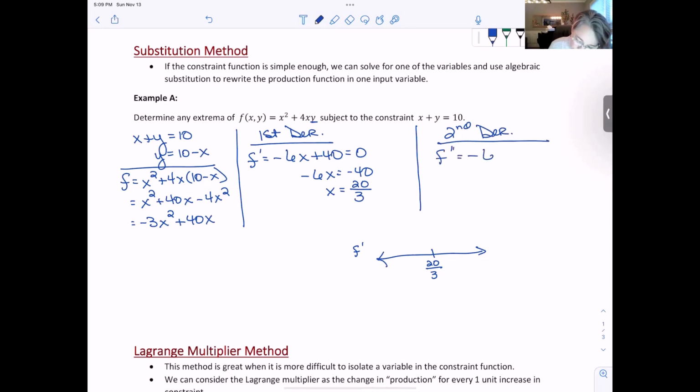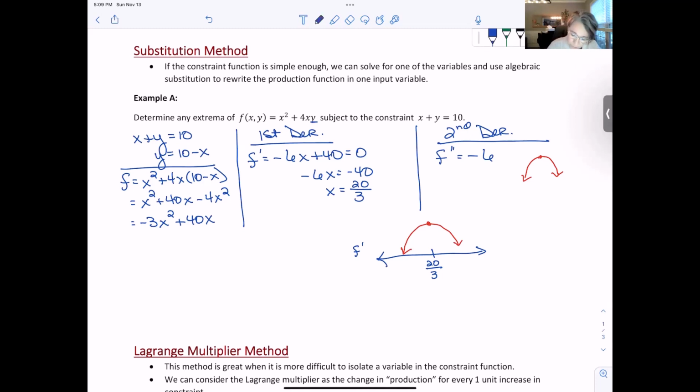Since our second derivative is negative, remember that means it's concave down. So if our function is concave down, then that critical value is going to be at a maximum.